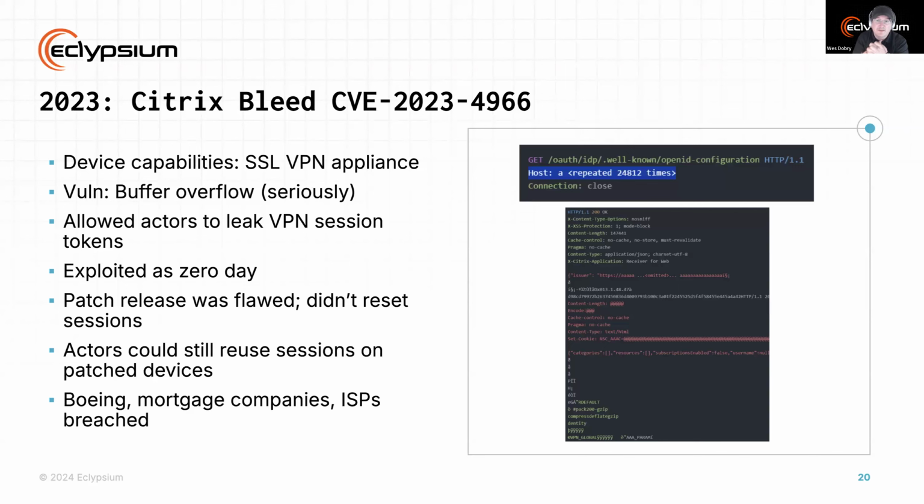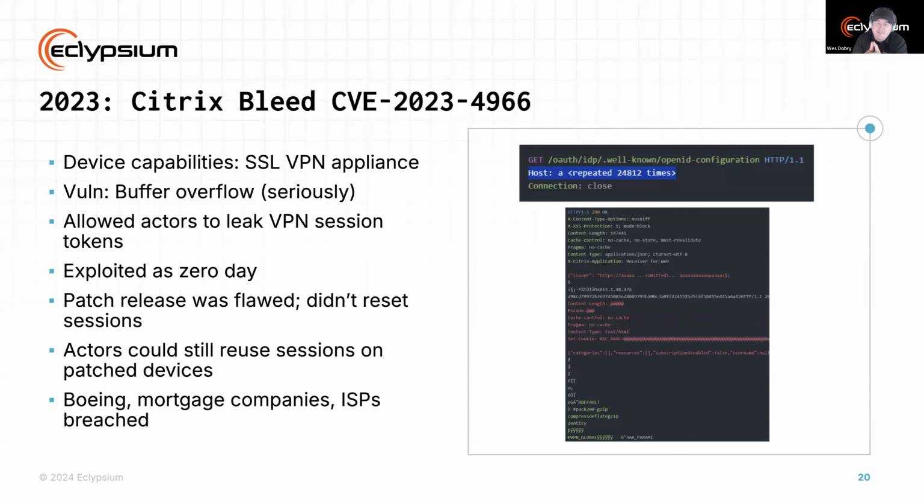In 2023, we also saw Citrix Bleed, which was a simple buffer overflow. It actually allowed the threat actors to leak VPN session tokens, and this was also exploited as a 0-day. What was interesting about this one to me was that when Citrix released a patch for it, the patch that they released didn't actually reset any of the existing VPN sessions. So if a threat actor had already dumped those session tokens, they could reuse them even after the device was patched.